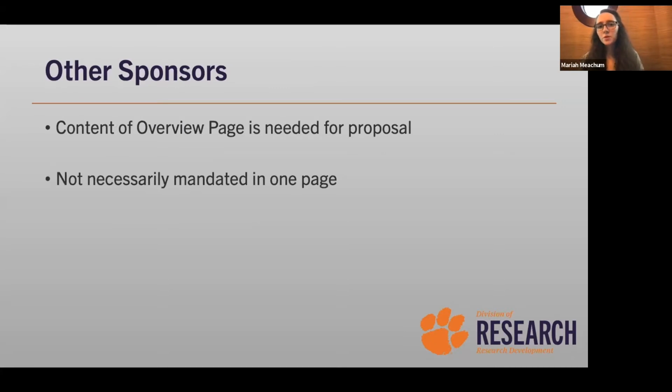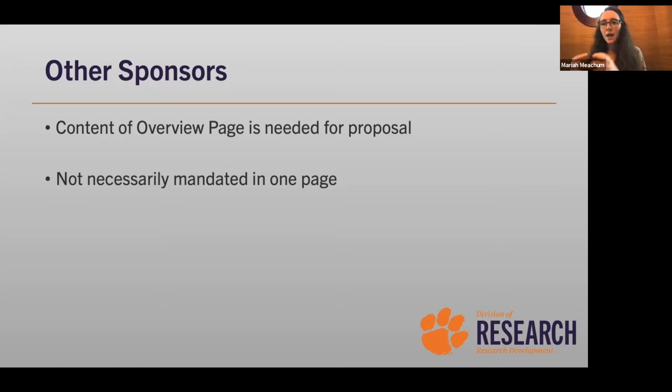When it comes to other sponsors, a single page is not always required. But the content of this overview page that we've discussed so far is needed for the proposal. It helps orient you with what you're going to do, helps define it, but it also helps your collaborators, helps discussions with program officers. Sometimes the content is much smaller.